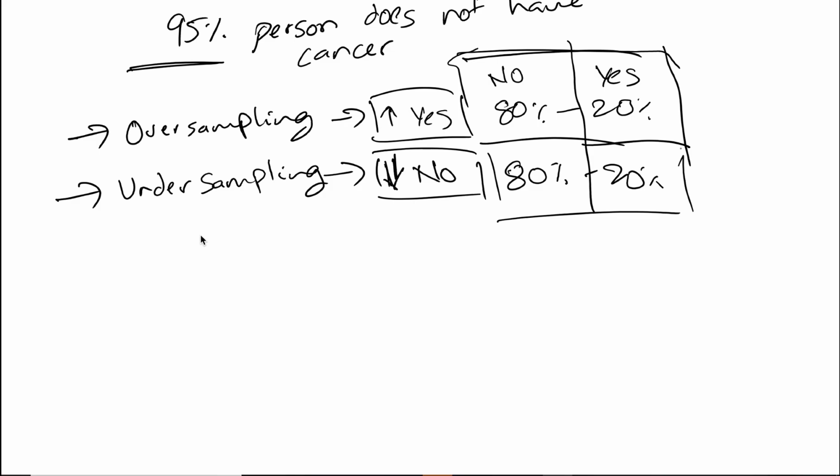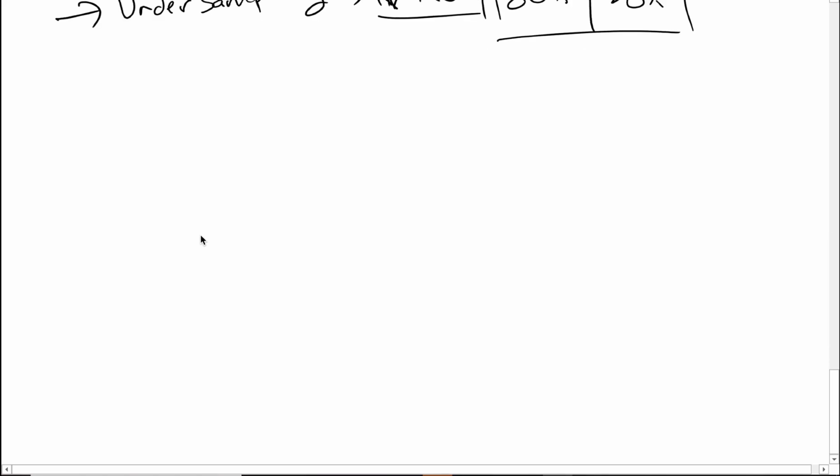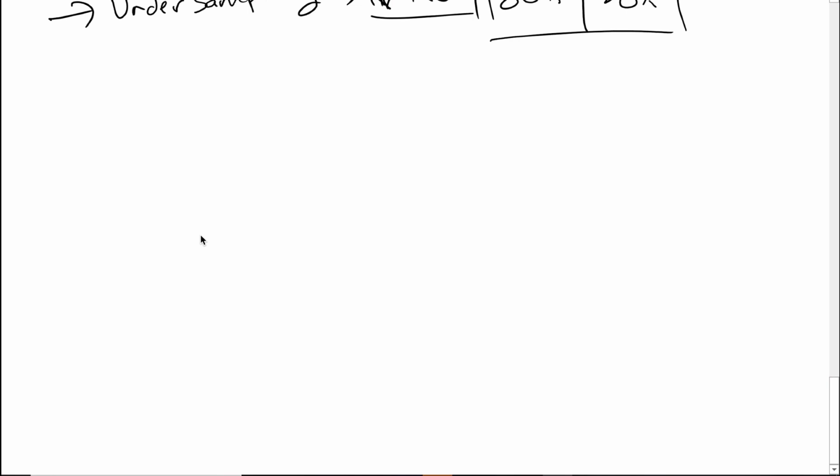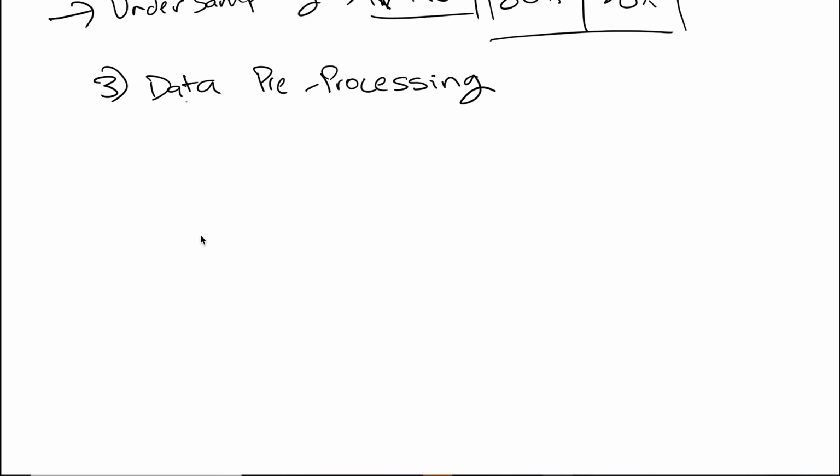Now, once you have done all these, and we have cleaned our data, the next step in the KDD process is data pre-processing. Now, what do I mean by data pre-processing? So we have taken the clean data, and now we would pre-process it.